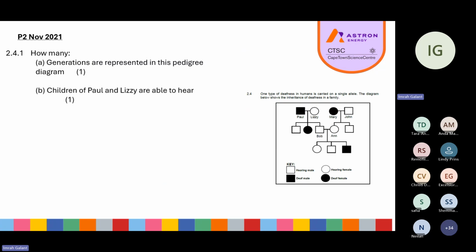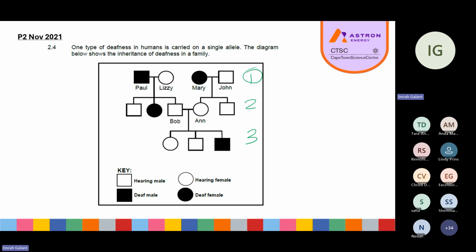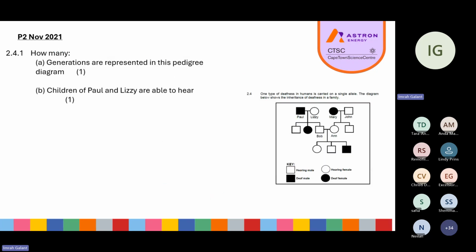So how many generations are in this pedigree diagram? As you could see in the previous question, there are 3, as you've noted. Next, how many children of Paul and Lizzie are able to hear?